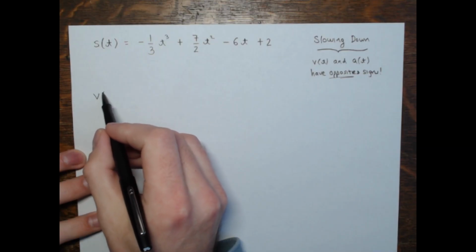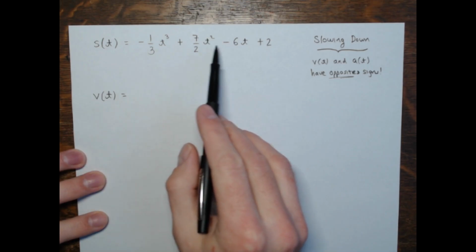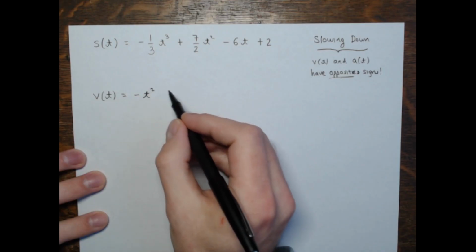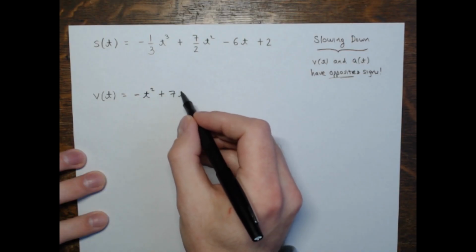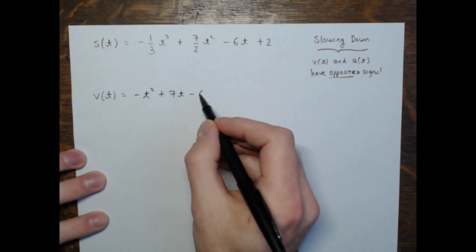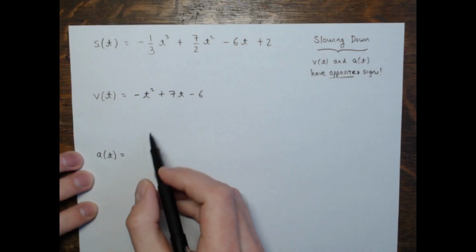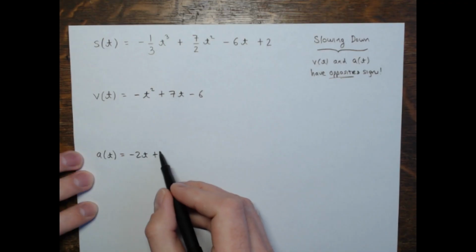So let's look at velocity and acceleration. The velocity function is the derivative of the position, so that'd be negative t squared plus 7t minus 6. And then my acceleration function would be the derivative of that, which would be negative 2t plus 7.